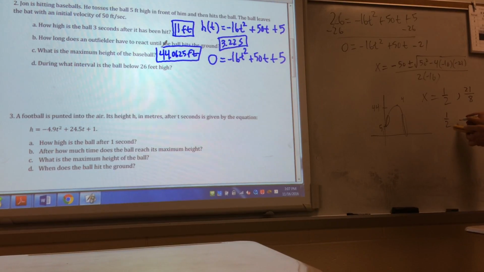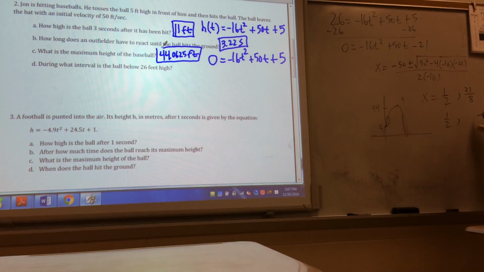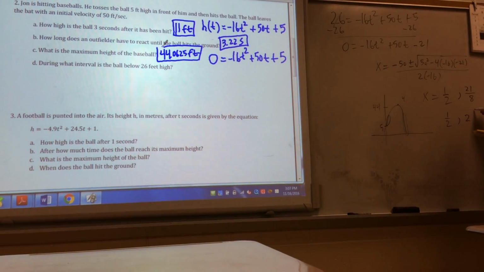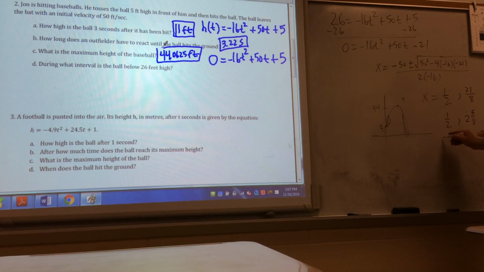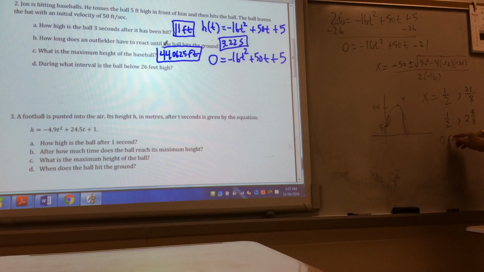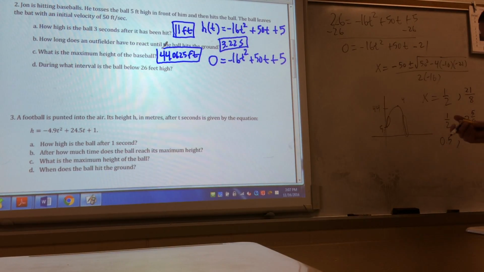Let's turn this into a mixed number. I know we rarely do this. This is 2 and 5/8. Maybe it will have more meaning if we turn it into a decimal. 2.625. I think we'll leave it that way.